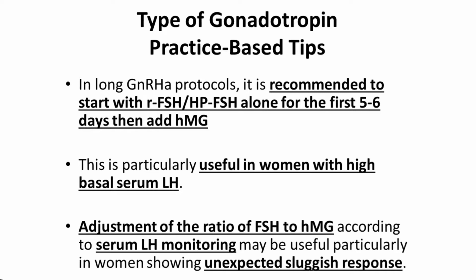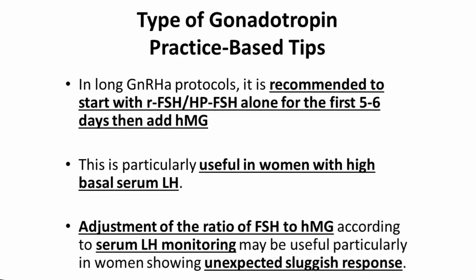This means that if we are calculating the dose of the gonadotropins to be 225, which means 3 ampoules of the gonadotropins, we can adjust the ratio of the FSH and HMG, that is to give 1 ampoule of FSH and 2 ampoules of HMG, or 2 ampoules of FSH and 1 ampoule of HMG, or 3 ampoules of HMG, or 3 ampoules of FSH. These all sum to 225 international units of gonadotropins.